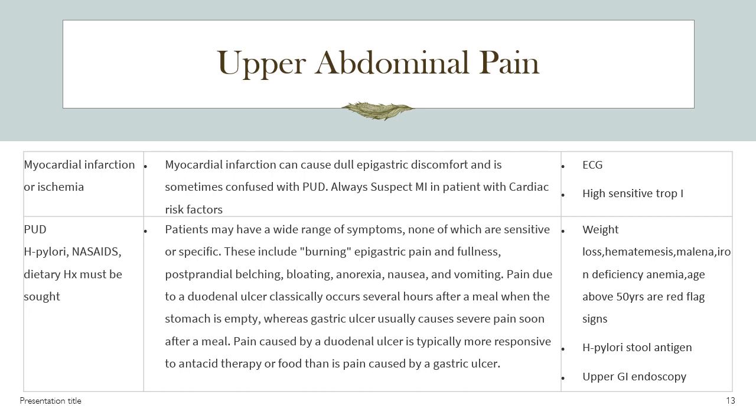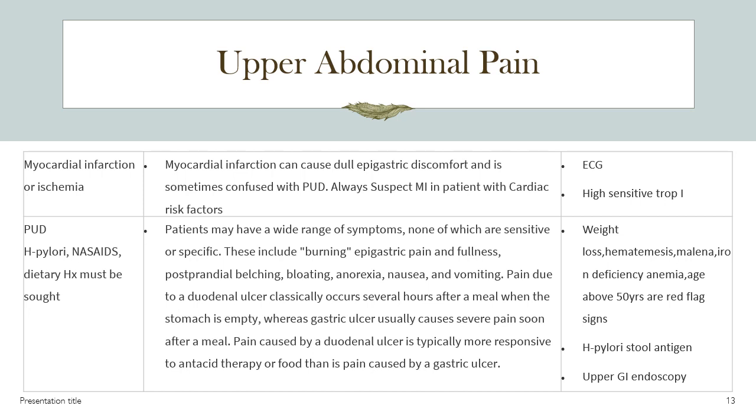These are the things that you must consider while taking the history of diffuse abdominal pain, and then after ruling out these, you will move toward the less dangerous causes, like irritable bowel syndrome.